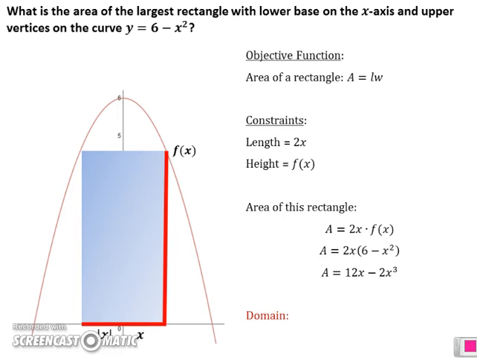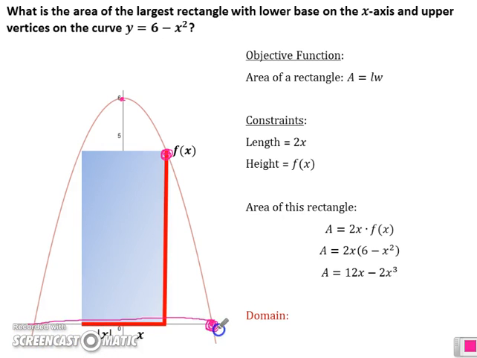Let's talk domain first. The smallest x could be, again, is 0. If x is 0, we've got a straight line and a point right there. The largest it could be would be if this point here was down here, and then we would have a horizontal line.